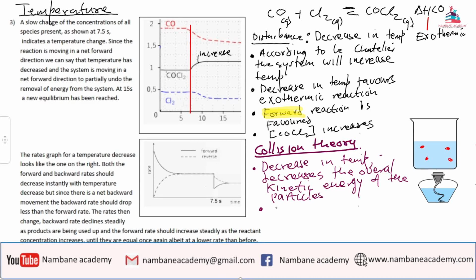Bullet number 2, EA is greater than EK. Kindly write it in full: the activation energy is greater than the kinetic energy. What does this mean? Less effective collisions per unit time.